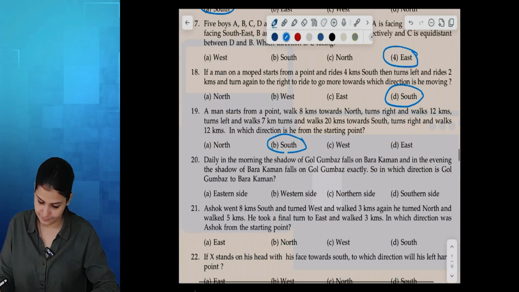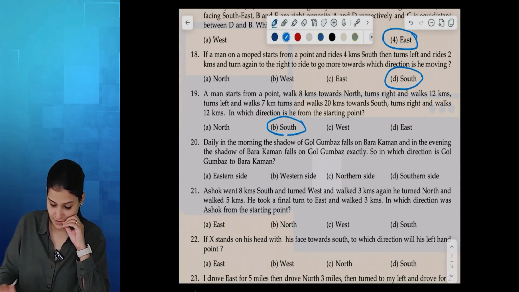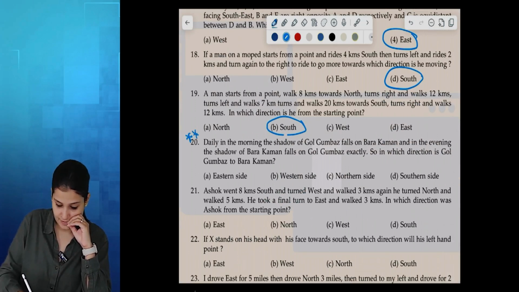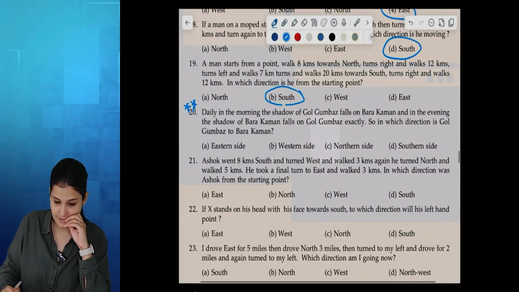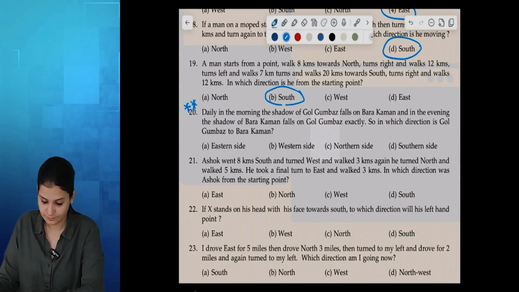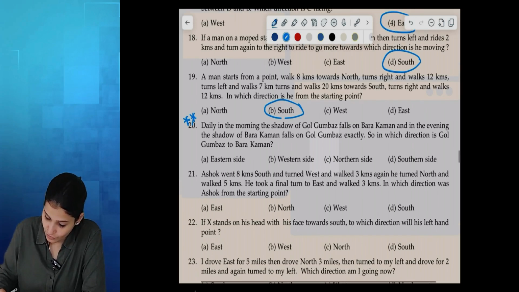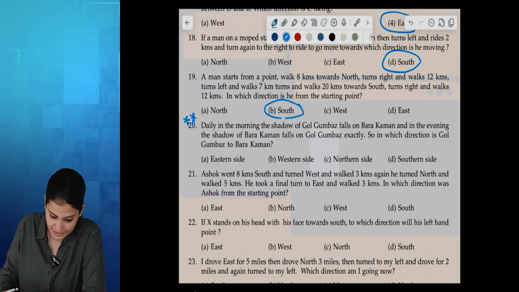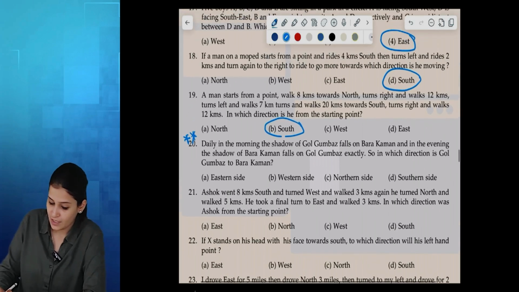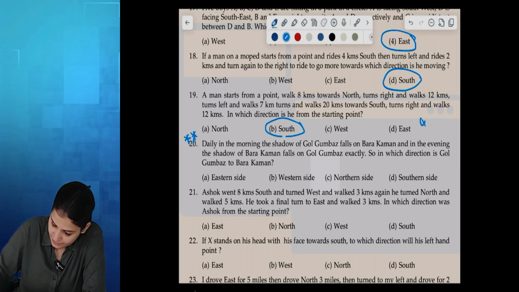Next, 20. Again, a very important question. Answer: east. Daily in the morning, the shadow of Gol Gumbaz falls on Bara Kaman, and in the evening, it happens opposite. So, this must be Gol Gumbaz. Here is the sun.